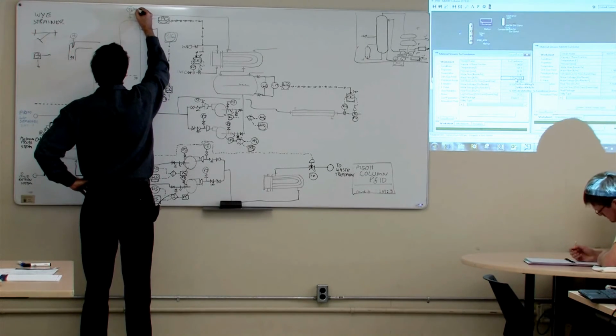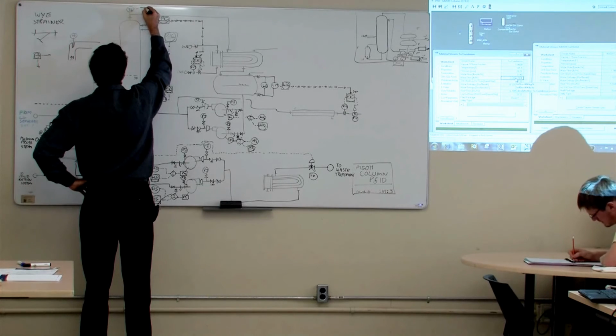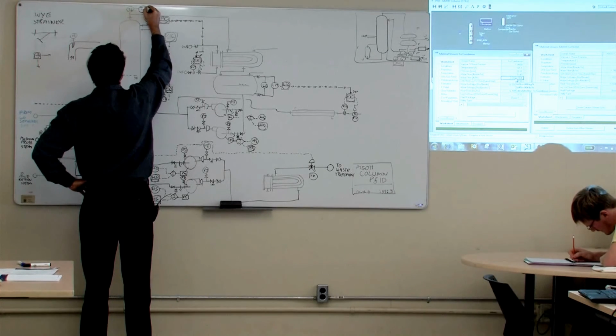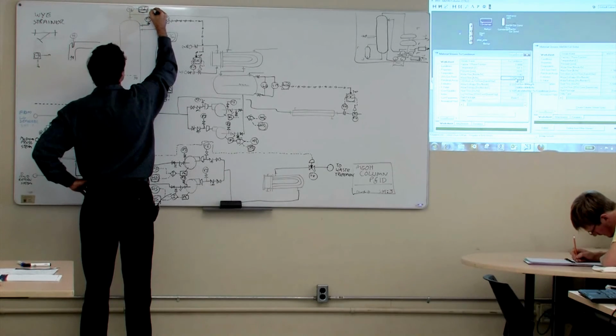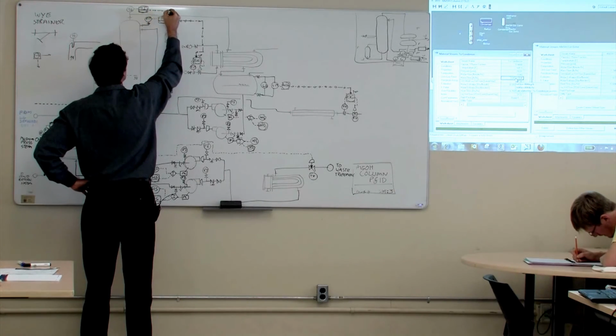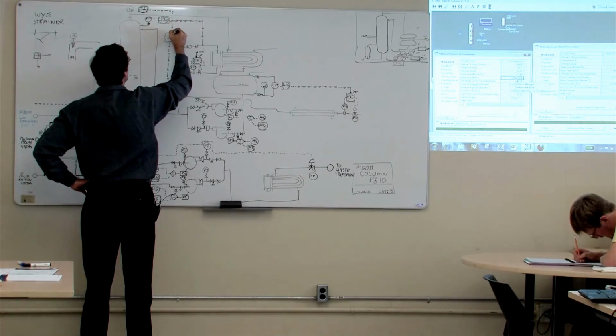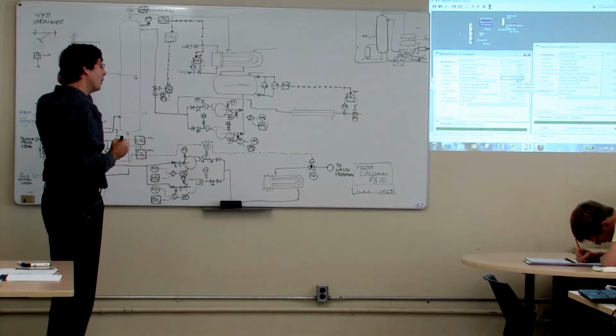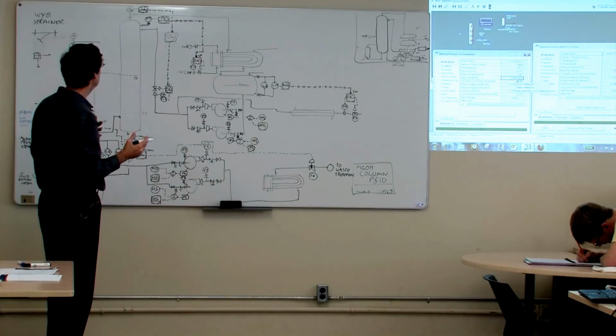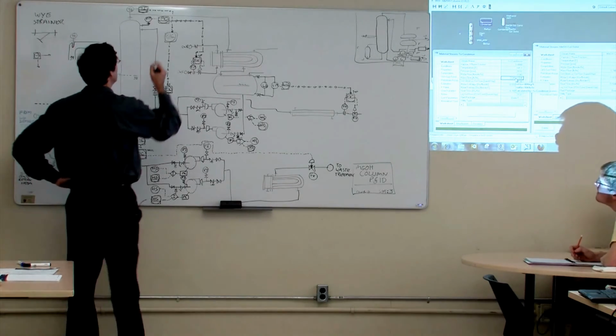And I actually would like to know what the temperature is. So I'm going to put a temperature indicator in the DCS, and then I'm going to send that temperature indicator software signal down into my composition control. And also, I want to do pressure compensated temperature.